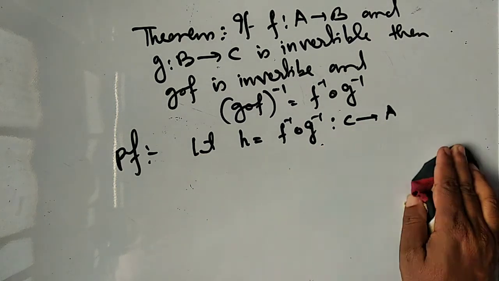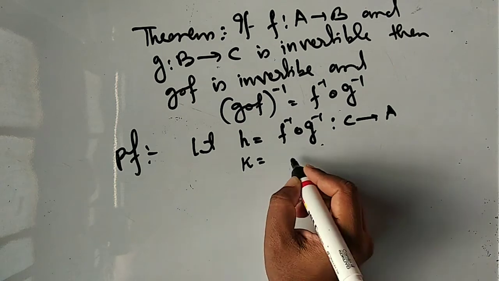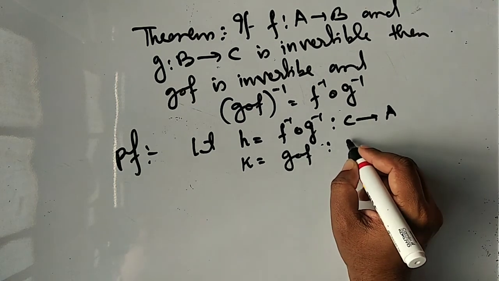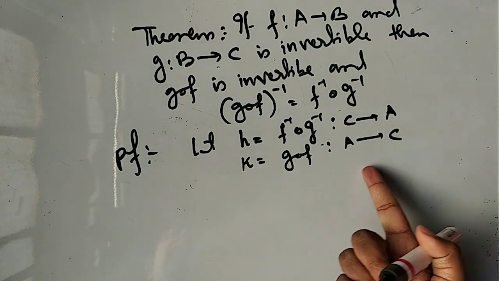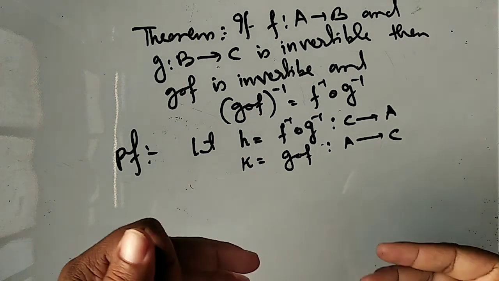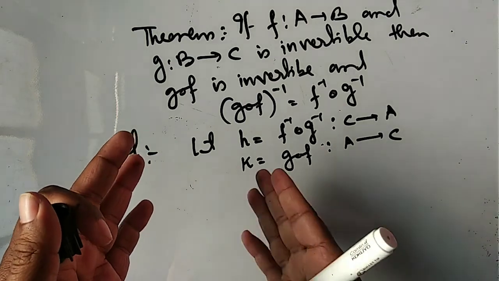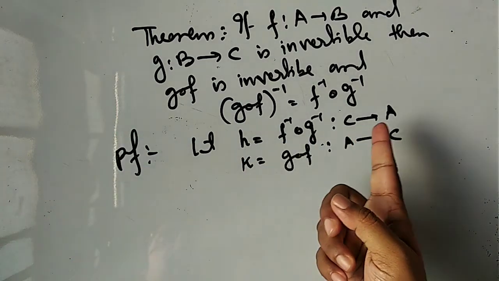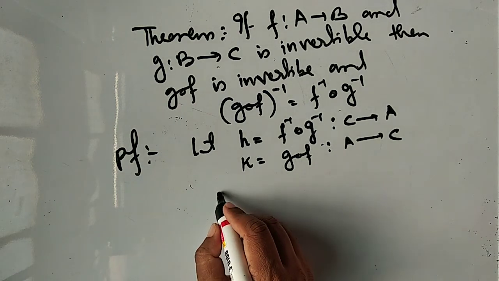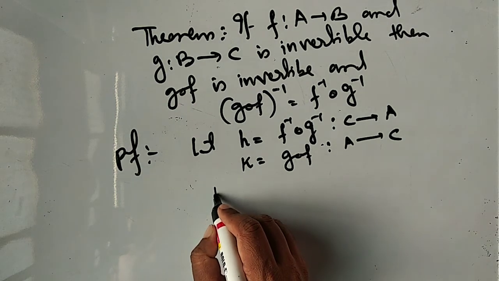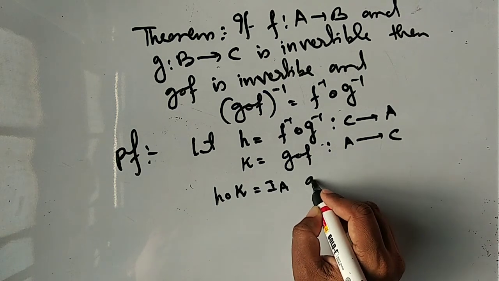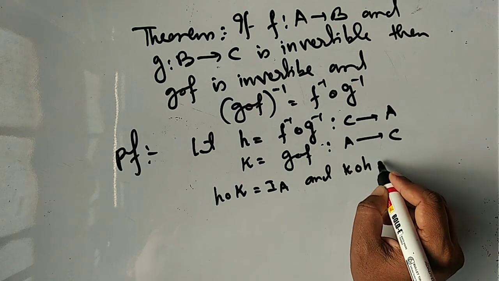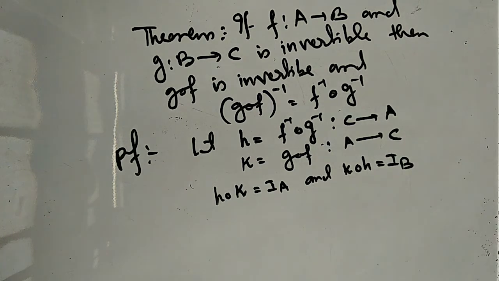Now if you define this, suppose I have defined this by k of g of f, it is from A to C. So this is our map which we have to show is invertible. By definition we have to find some g, so here I have written it as h. So h from C to A, here it is. Now you only have to make it clear that h o k is identity on A and k o h is identity on B. If this becomes clear to you, then we can talk.